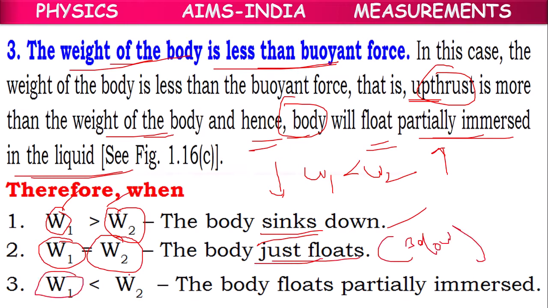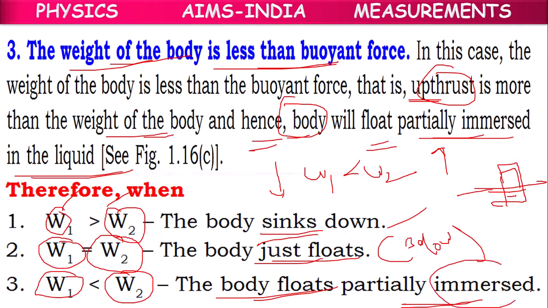When the weight of the body is less than the buoyant force, the body will float partially immersed. Some portion of the body will be underwater, some portion will be above the water. That is called partially immersed. In these three cases, any one case may be possible.